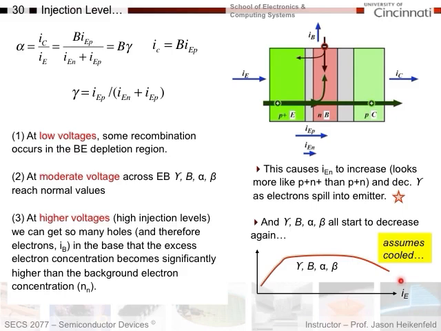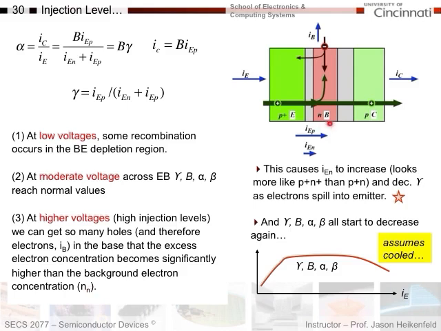Why is that? Well, at higher voltages, we can get so many holes and therefore electrons in the base that the excess electron concentration in the base becomes significantly higher than the background electron concentration. Basically, what I'm saying here is that if you forward bias this heavily, you're going to get a ton of holes in the base.